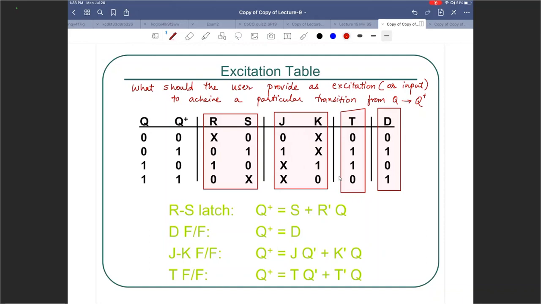So from the current state, if I want to go to a specific next state, what should I give at the input? What excitation should I give at the input? What should I excite my sequential element with?